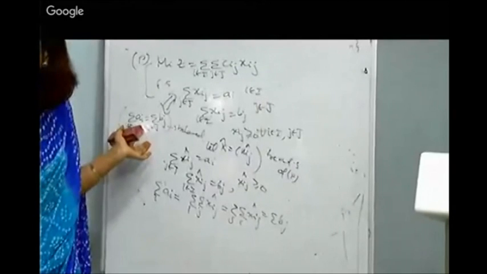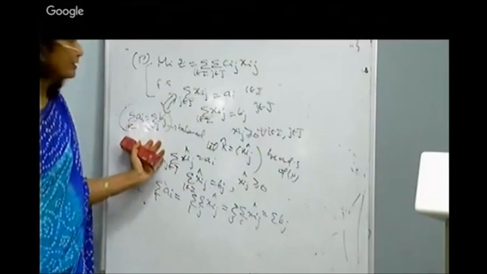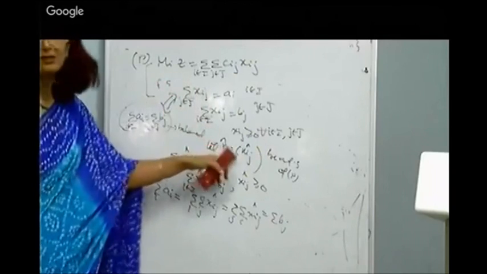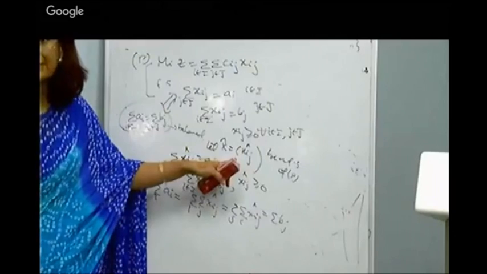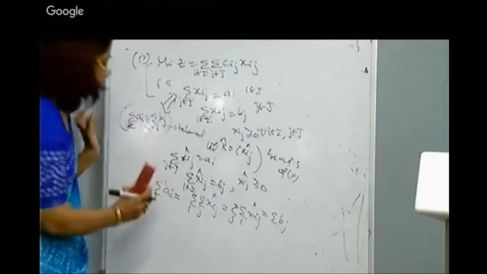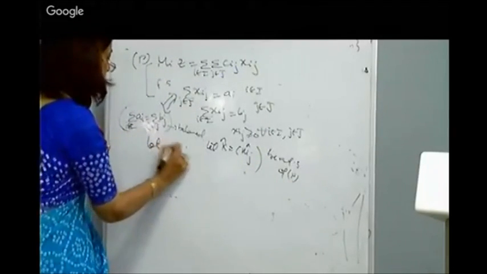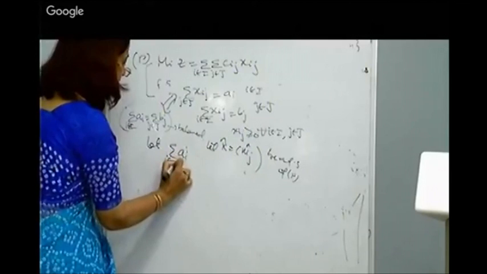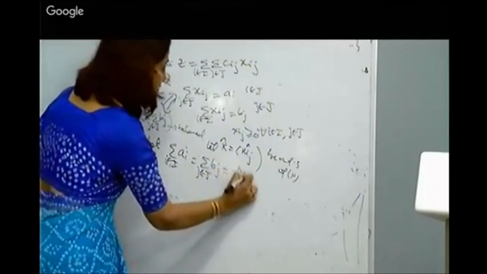It's obvious. Conversely, suppose this condition is true, then can you always say there will exist some vector having mn components such that it satisfies all this? Yes. Conversely, now let sigma ai be equal to sigma bj. Suppose this is equal to some n.